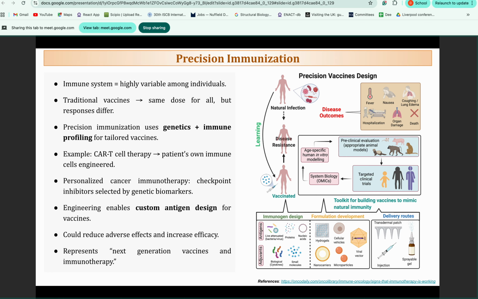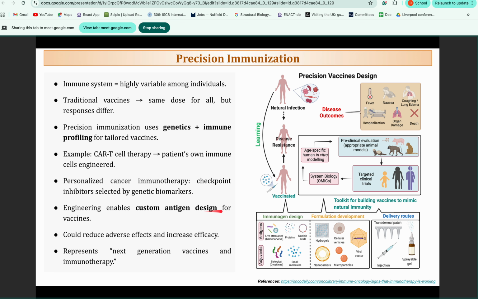This is how we reduce the effect of host graft rejection, because we are using the same patient's cells and modifying them in such a way that they can recognize the antigen, so the T cell can work well. Then personalized cancer immunotherapy, which focuses on checkpoint inhibitors selected by genetic biomarkers.